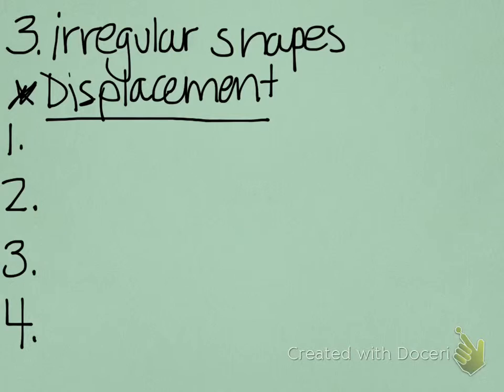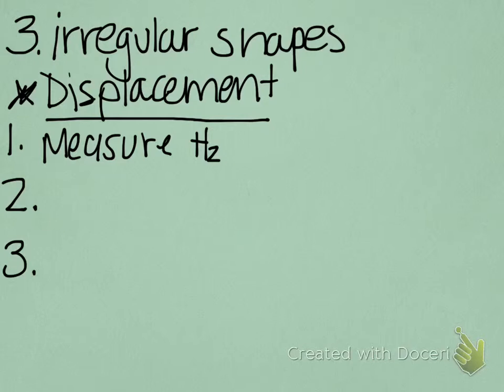Okay? So to find the volume of an object, the first thing that you're going to do is measure water in your graduated cylinder.